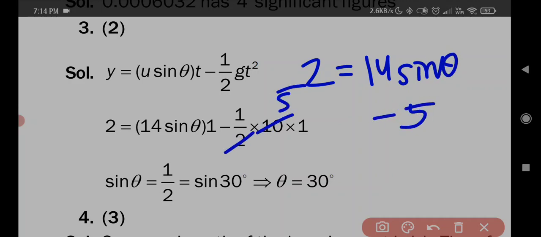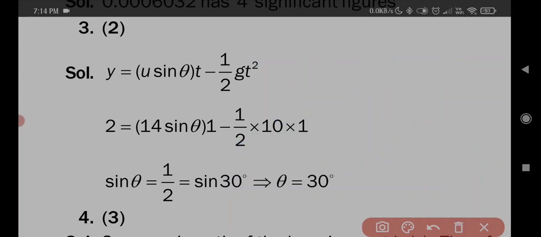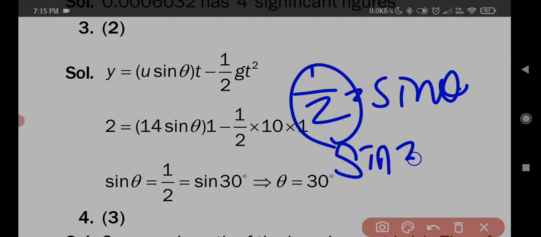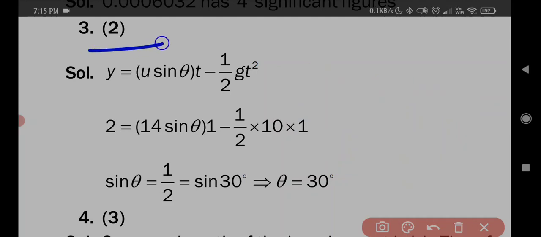If it goes that side, that will become 7. 14 sine theta equals 7, so 1 by 2 is equal to sine theta, and 1 by 2 is nothing but sine 30 degrees. So the correct option is option number 2.